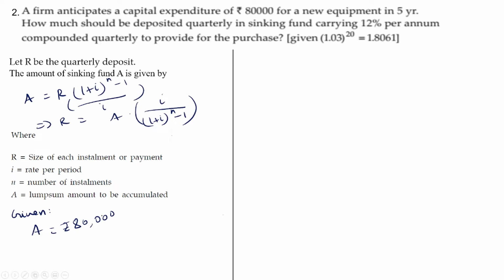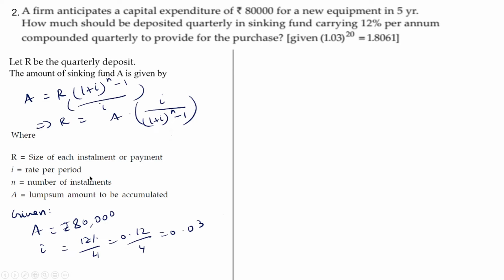Then the rate per period I: here we need to find the amount to be deposited quarterly, so I will be 12% upon 4, or 0.12 by 4, which is 0.03.